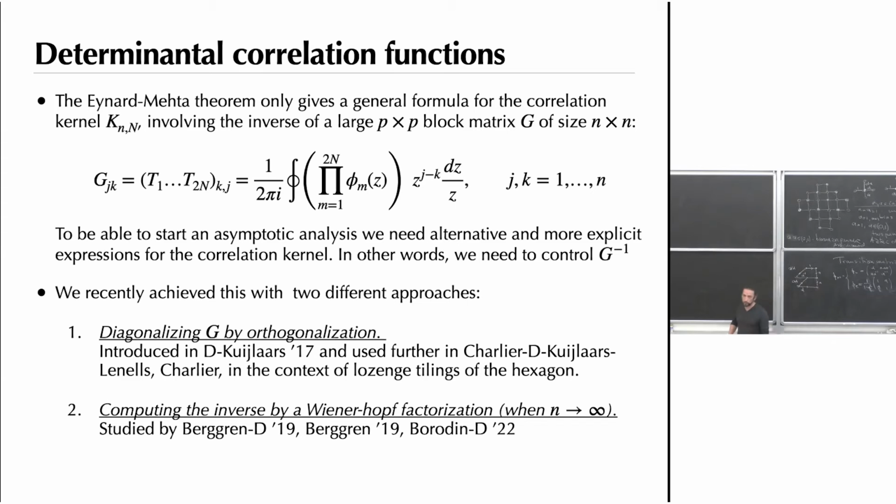This is the orthogonal polynomial method in random matrix theory. Another method is to really try to compute the inverse and find a nice formula for it, which is going to be complicated. But it turns out that you can actually do that by a Wiener-Hopf factorization when the size of the matrix goes to infinity. For finite size, you cannot easily invert this, but when you look at the infinite matrix, then you can actually do it.